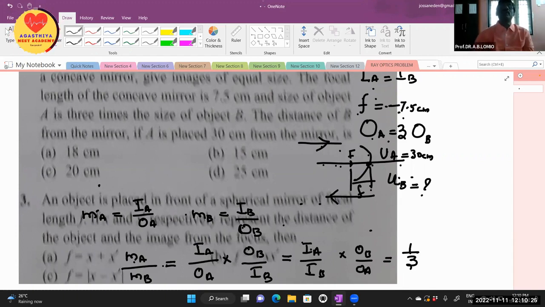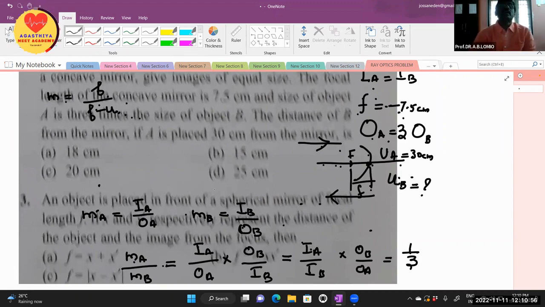We have another formula for M in terms of F and U: M is equal to F divided by F minus U. Use this formula and find out UB.